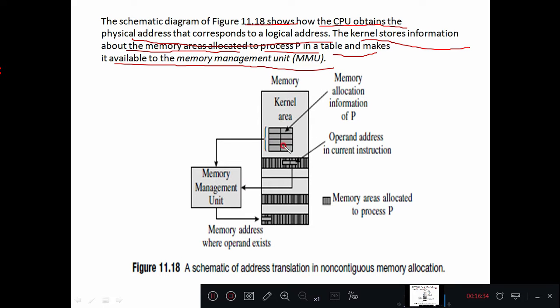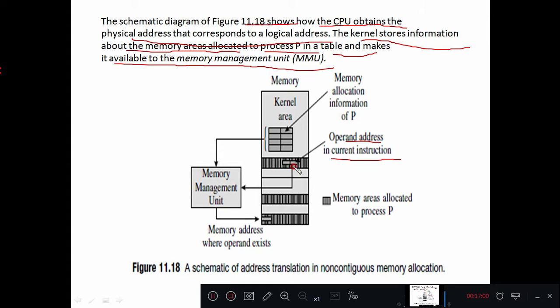The kernel will maintain the logical addresses of all the processes, from where that particular process is going to start and what will be its size. That address will be taken by the memory management unit, and it will also take the byte number, the operand address in the current instruction.